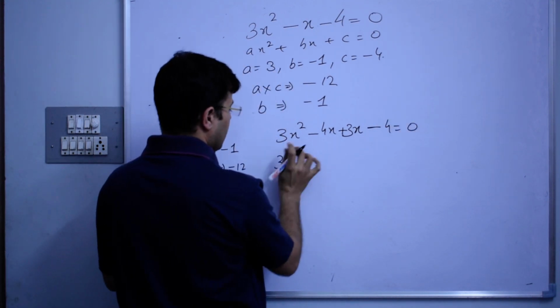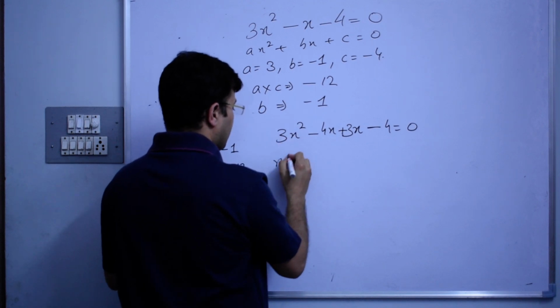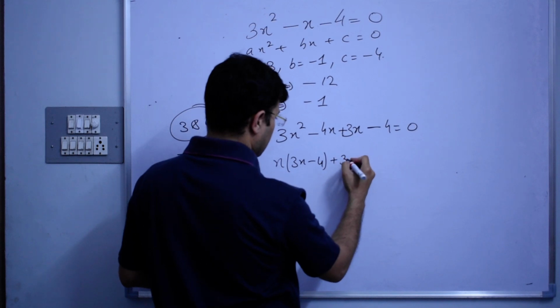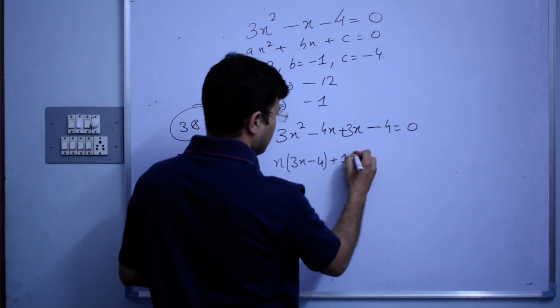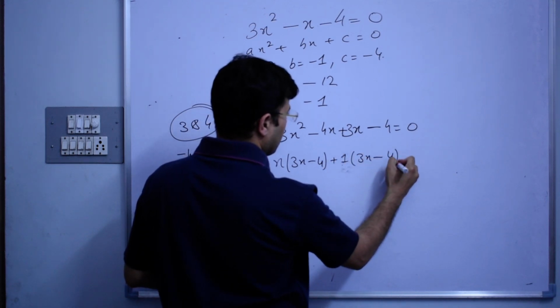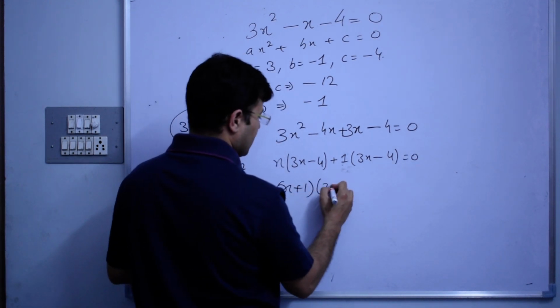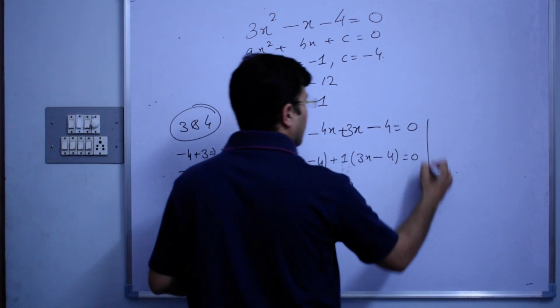Now from the first two terms, take x common, this is 3x minus 4, and 1 common from the last two, this will again be 3x minus 4. So this is x plus 1 or this is 3x minus 4.